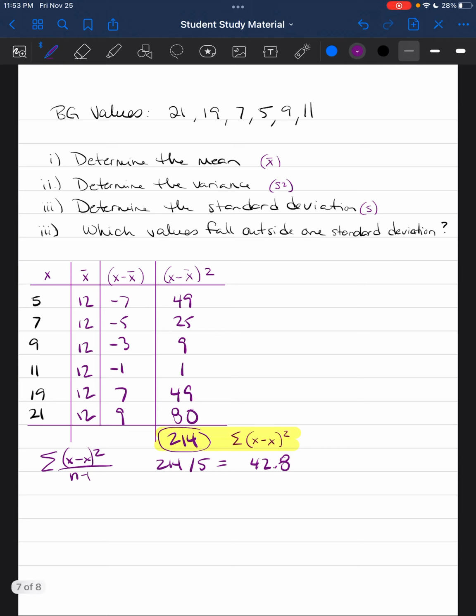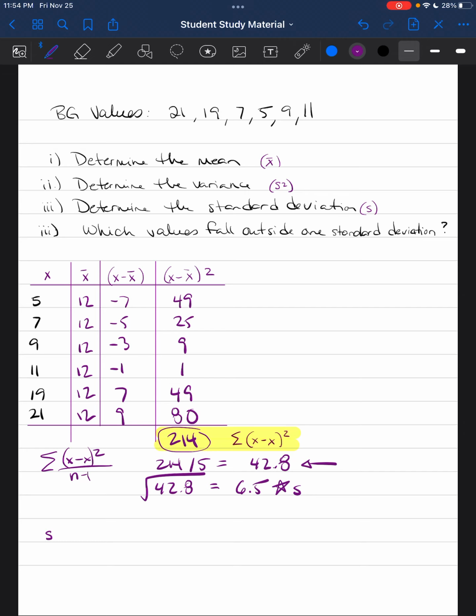Now we haven't figured out the standard deviation yet, but we're almost there. To figure out the standard deviation, we need to take the variance and square root it. So the square root of 42.8 equals 6.5, and this is the standard deviation.